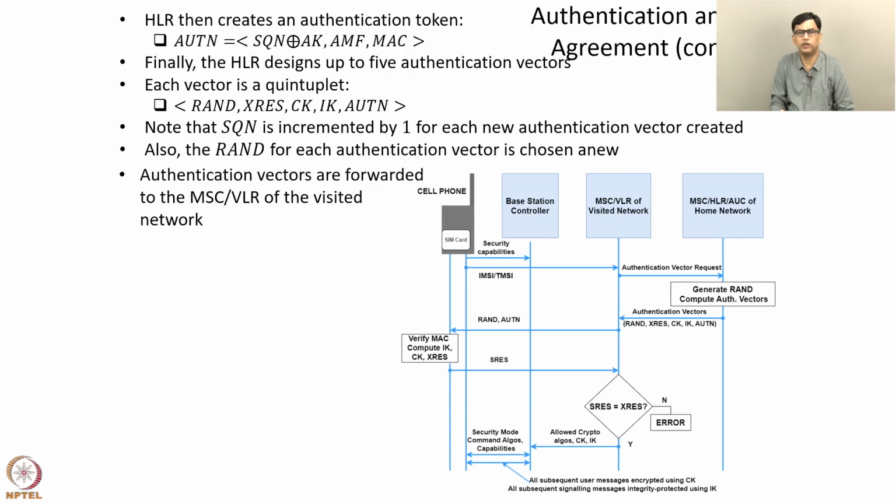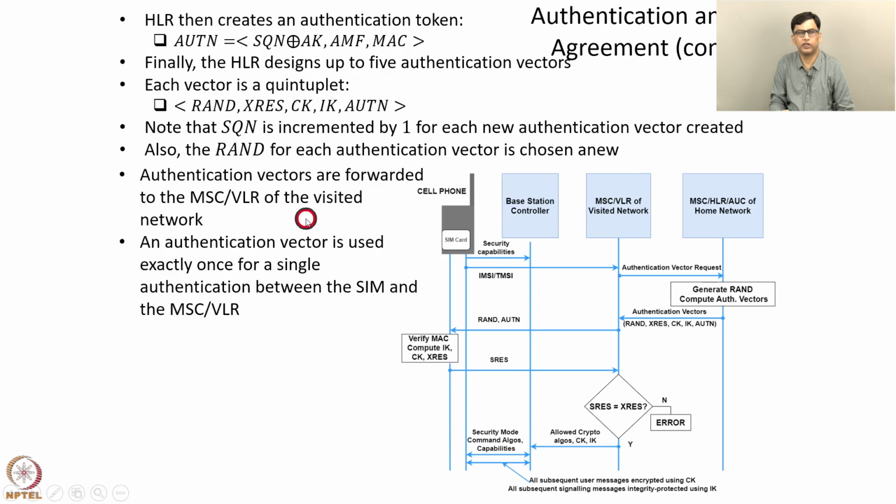Again, the reason is the same as in GSM. The MSC HLR sends 5 authentication vectors to the MSC VLR so that the MSC VLR does not have to contact the MSC HLR again and again each time it has to perform an authentication. The MSC VLR can perform 5 authentications without having to contact the MSC HLR again.